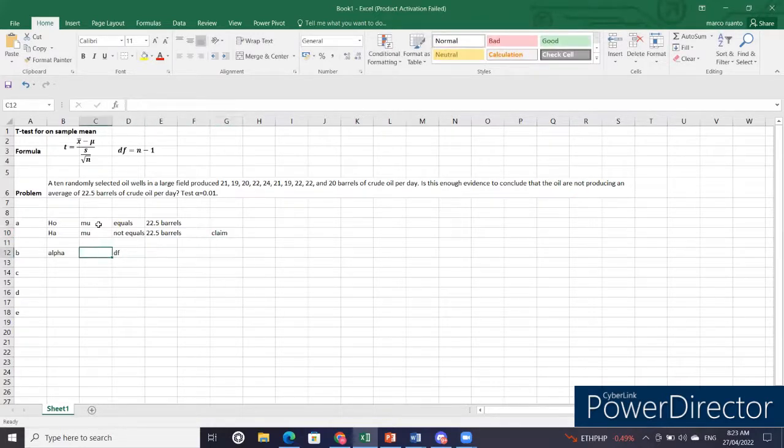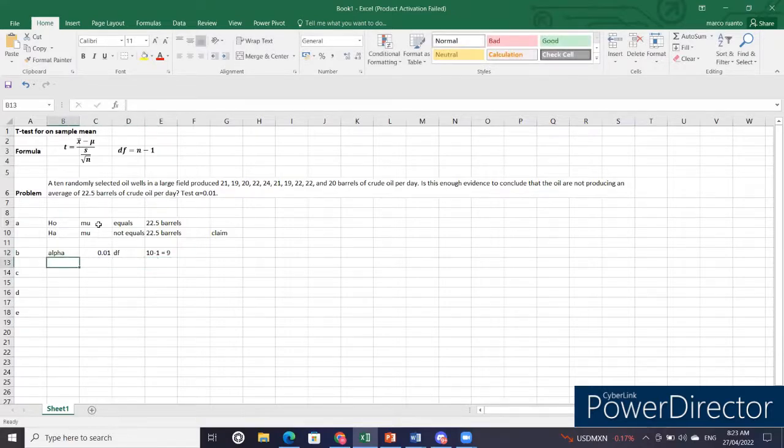Our alpha is 0.01. Then df is n minus 1, so we have 10 minus 1, which is equal to 9.